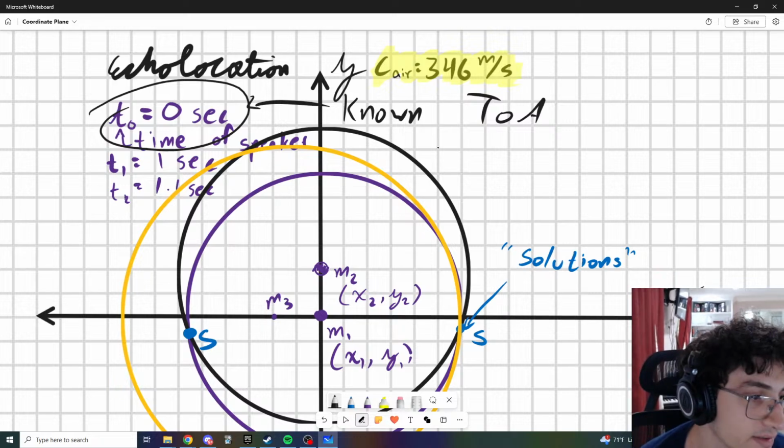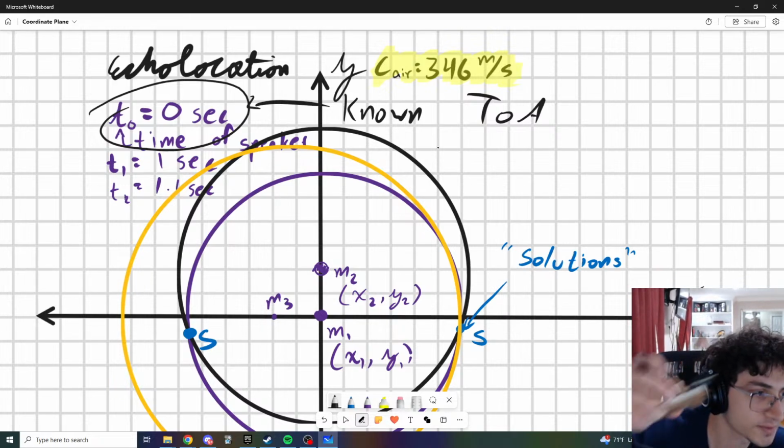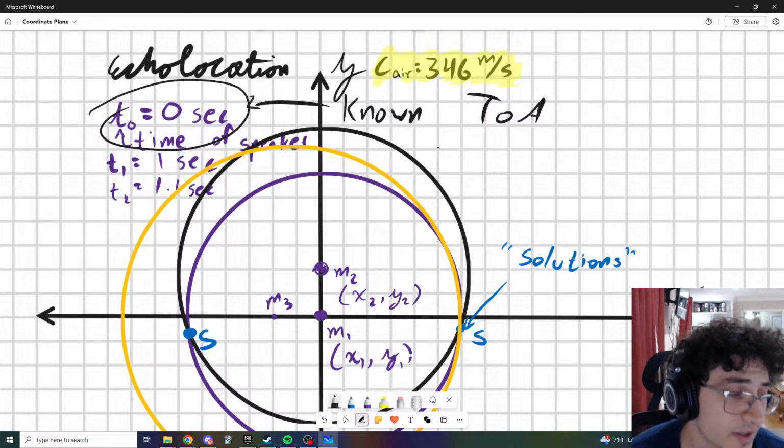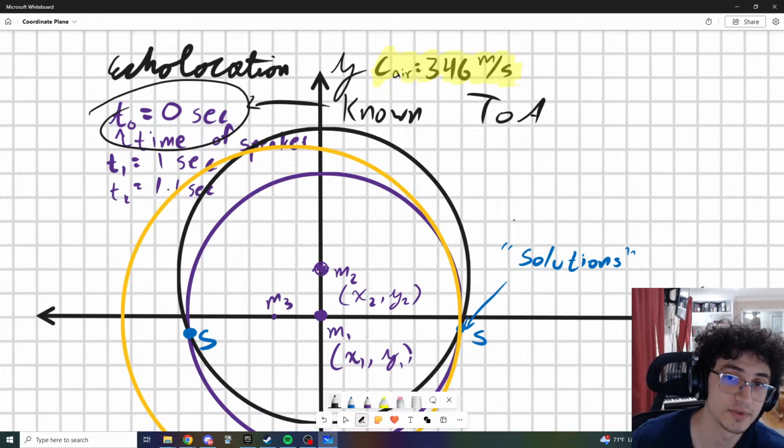Ideally, in my little prototype, I would not know actually when the speaker plays or when the clap is happening. Ideally, I would just hear it and figure it out from there. Similarly to how our ears work, we don't know when a sound is happening. We just know that a sound played.